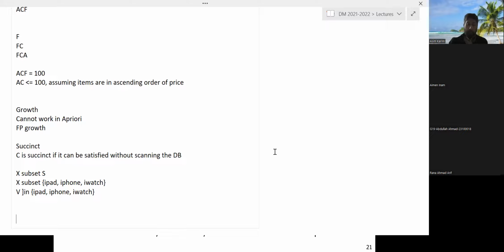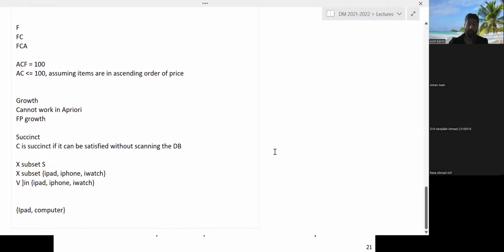So for example, कोई भी आपके पास, let's say I found a pattern which is frequent, let's say मैं कहता हूँ iPad, and let's say computer. So let's say this pattern is frequent. So obviously this pattern contains iPad, so this is satisfying. Let's say I have another pattern, computer, printer.